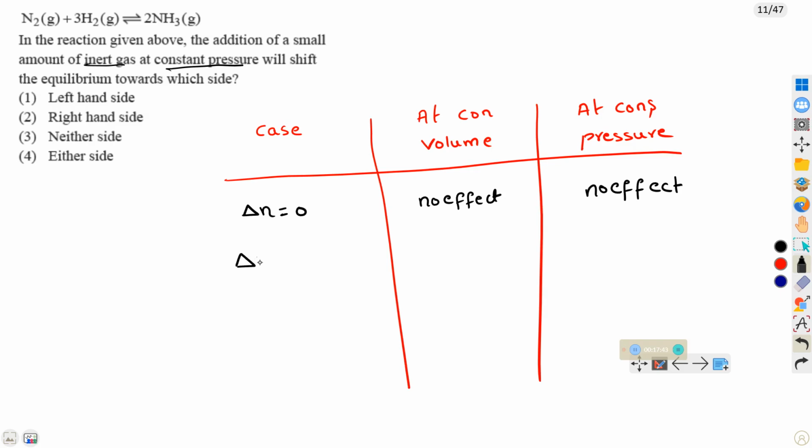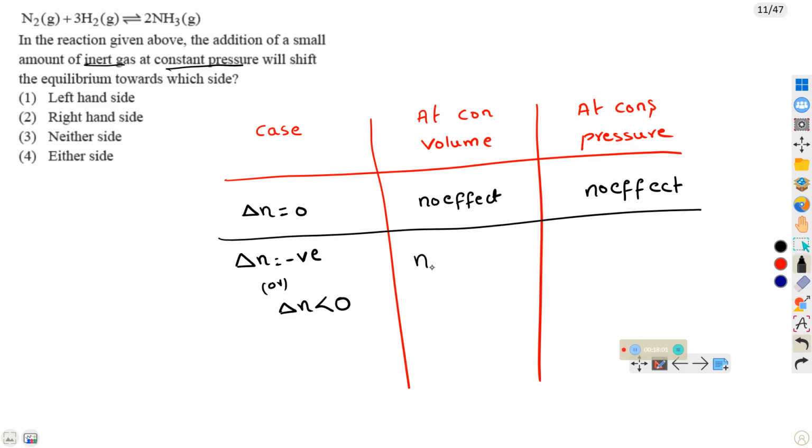Delta N value negative means delta N value less than 0. At constant volume there is no effect, but at constant pressure backward direction.